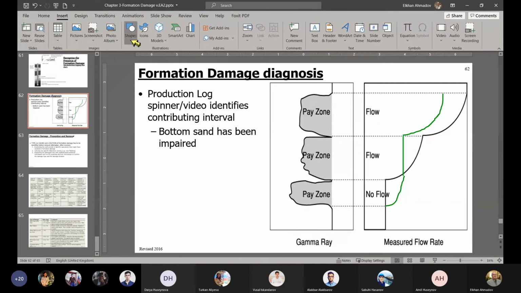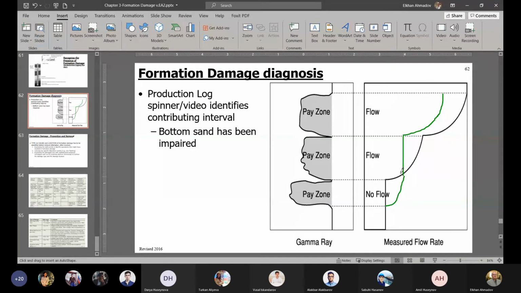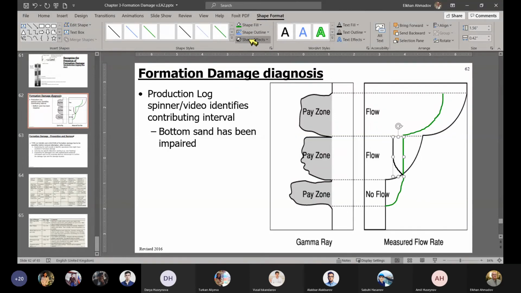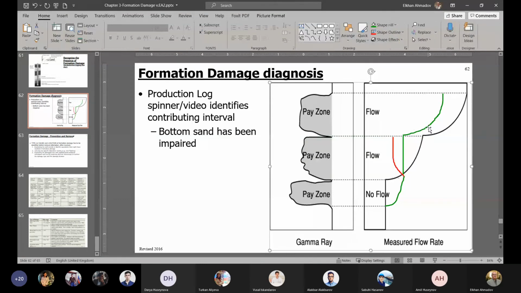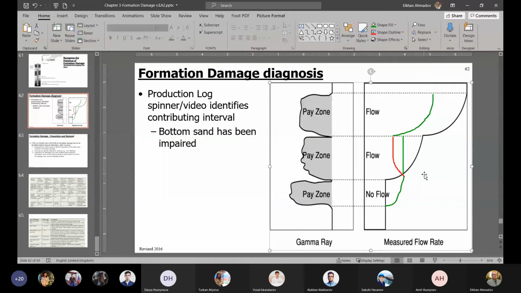When recording the PLT, it can go like this. Why would it happen? The red line, you mean? Yes, the red line.